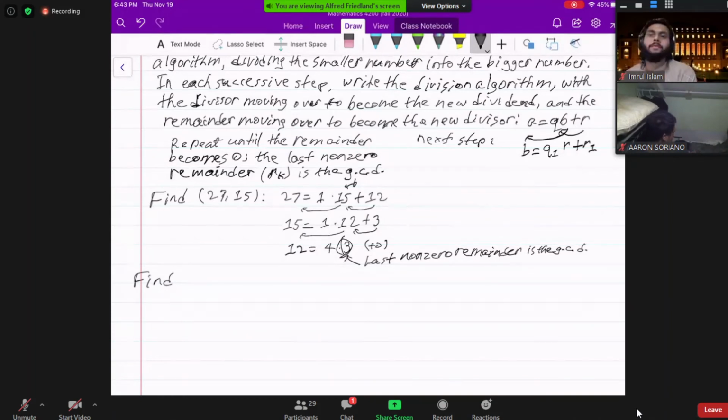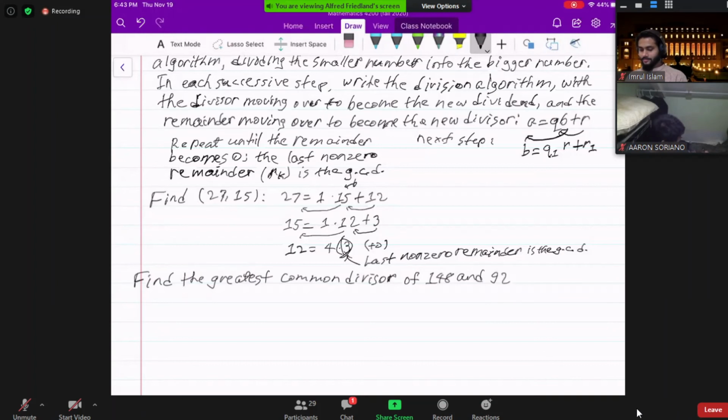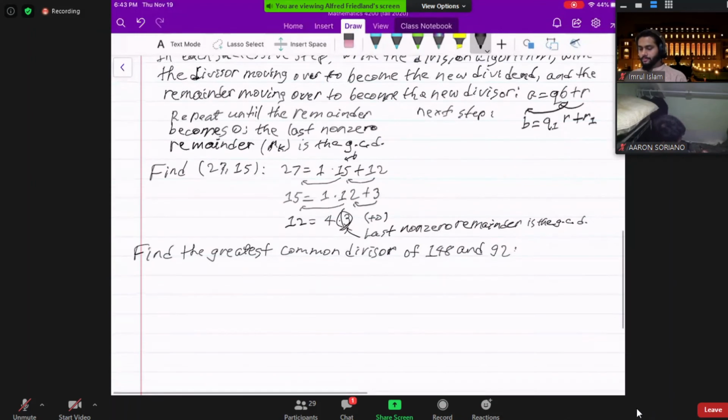Let's find the greatest common divisor of 148 and 92. All right, so we're going to start by dividing the bigger number by the smaller number, writing the statement of the division algorithm for that.